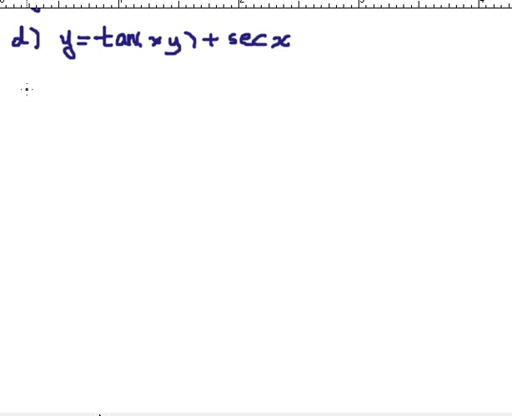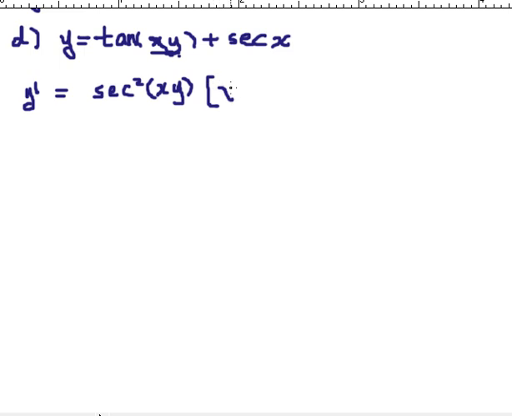So let's start. The derivative of the left is y prime, and now we have the derivative of tangent. Here we're going to use a chain rule. Derivative of tangent is secant squared, so we write down secant squared and just copy over what's inside. And now we multiply by the derivative of the inside. This is where the implicit part comes in. Here we have x times y, so we're going to do a product rule.